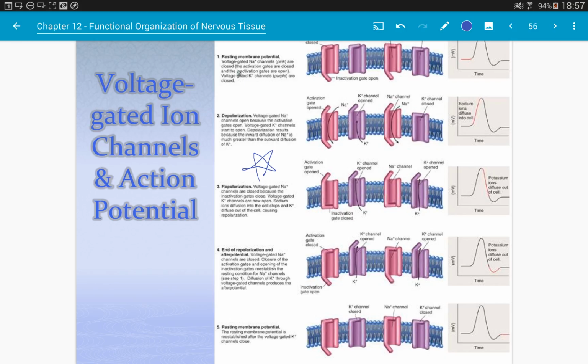Even at rest, what are the gates looking like? Pink is your sodium and the purple is our potassium. At each phase, resting, depolarization, repolarization, what's happening to those gates? That's something you will need to know, and it's going to take you some time to go through and study.